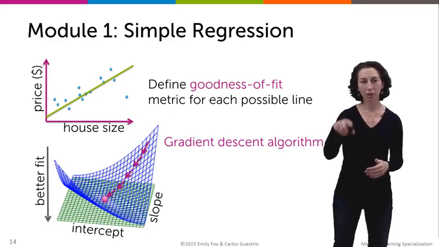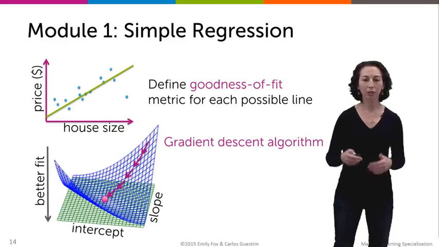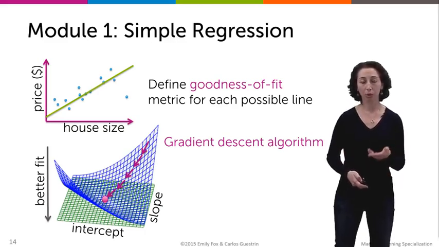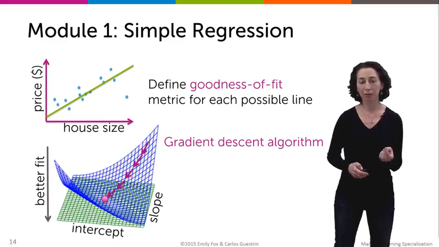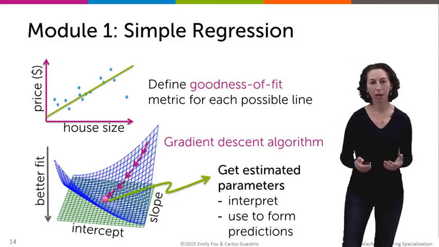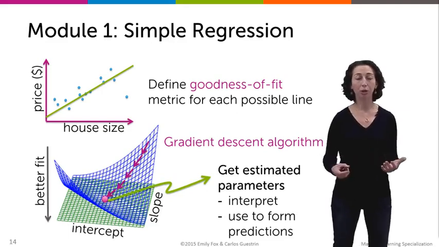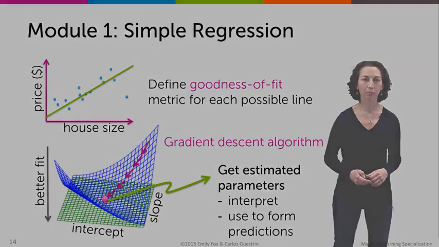This gradient descent algorithm is an iterative algorithm that's going to take multiple steps and eventually go to this optimal solution that minimizes this metric measuring how well this line fits. Then once we've found this minimum, so we found the best intercept and slope, what we're going to talk about is how to think about interpreting these estimated parameters and then how to use these parameters to form our predictions.